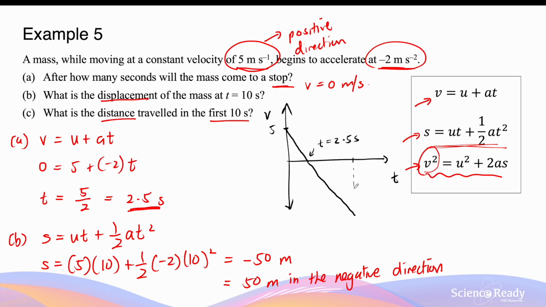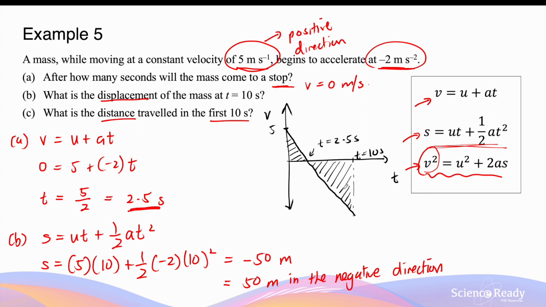So over here, let's say this is t equals 10 seconds. For the first 2.5 seconds, it's traveling in the positive direction, and then it comes to a stop. Afterwards, its velocity becomes negative, suggesting that it has turned around and now it's traveling in the negative direction.